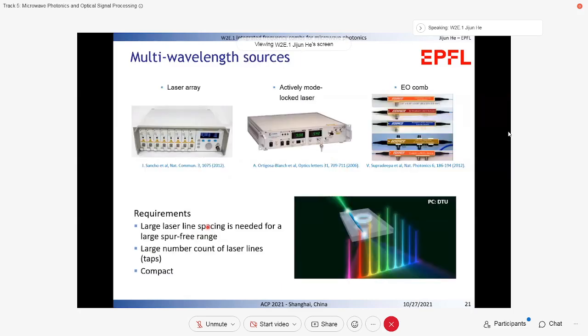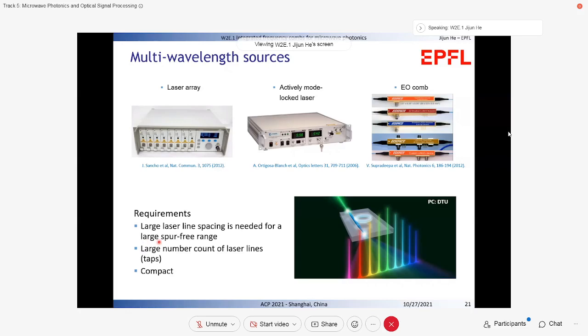So typically, people use a bank of laser arrays, or active mode-locked lasers, or EO combs generated from cascaded modulators as the source for the RF photonic filter. The multi-wavelength source used here needs to satisfy some requirements. For example, a large laser line spacing is needed for the filter to have a large spur-free range.